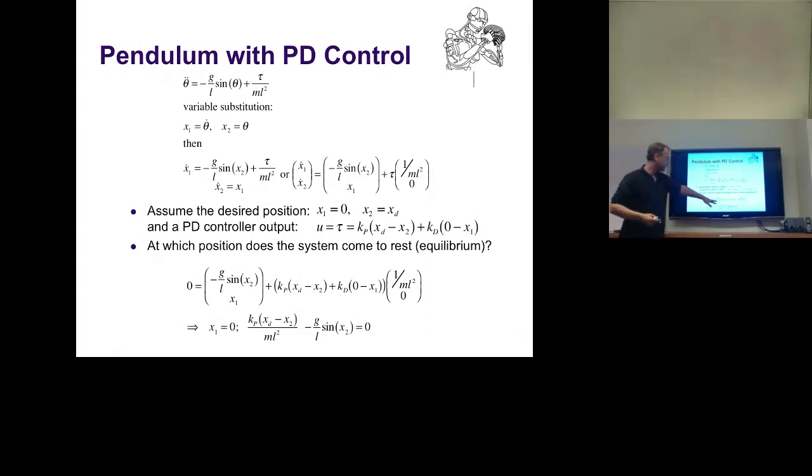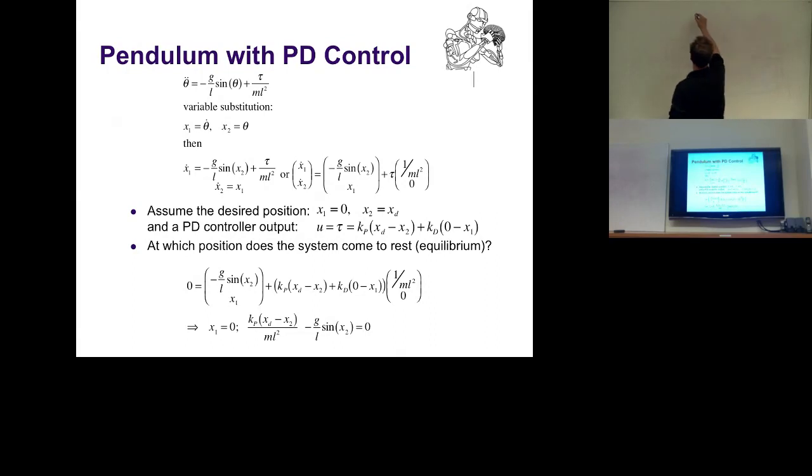I'm basically trying to rewrite the equation down here, which says x1 dot and x2 dot equals our system, which is going to be currently minus g over L sine x2 and x1 at the bottom.